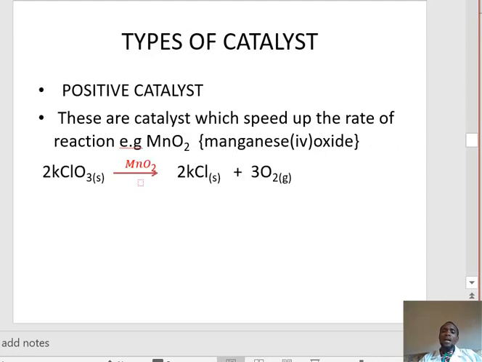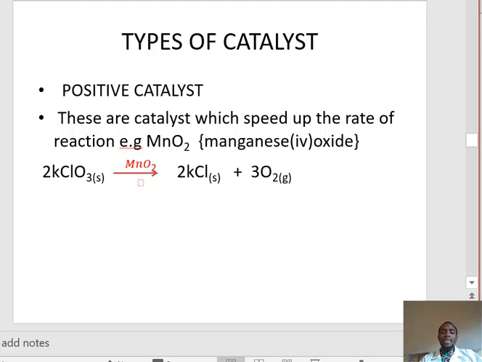Now we have a positive catalyst. A positive catalyst is one that speeds up the rate of reaction. The positive catalyst increases the rate of reactions. A very good example of that is manganese(IV) oxide.